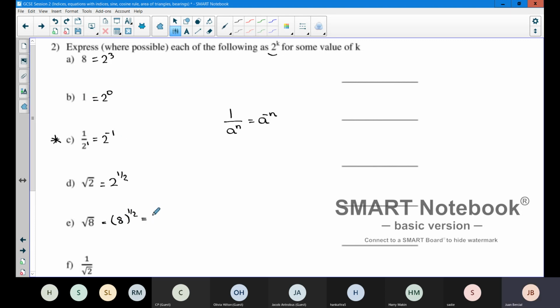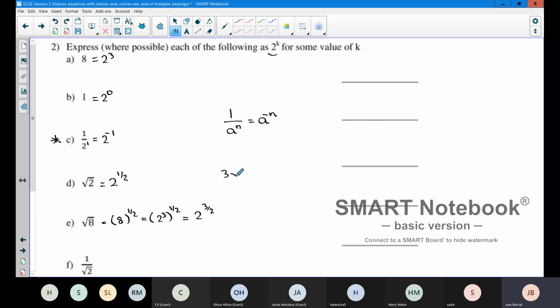And we know from before that we can write 8 as 2 to the power 3. And using the law we have used before, we've got 3 times a half, which is 3 over 2.